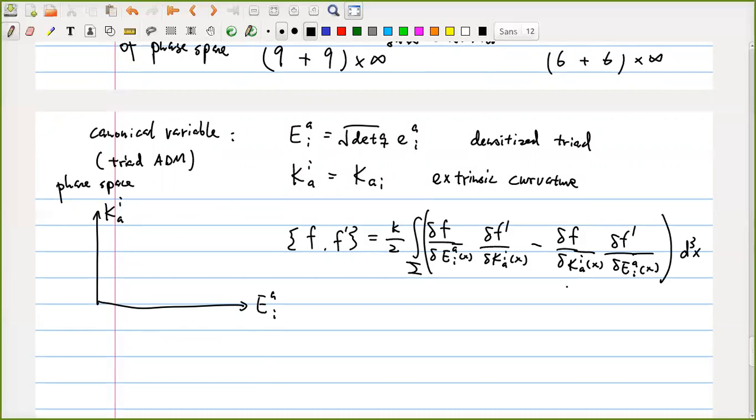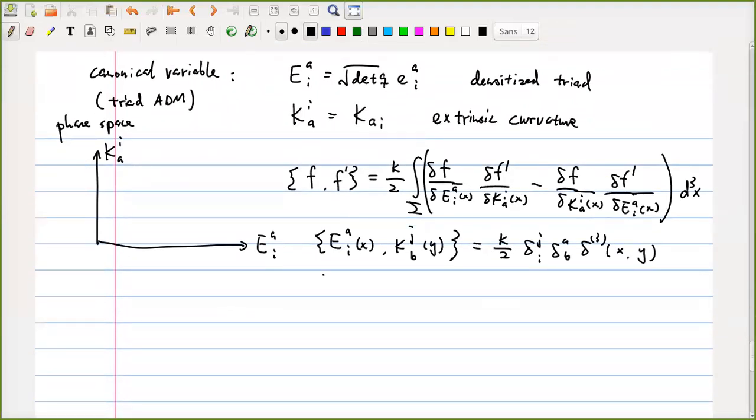By plugging K and E into this Poisson bracket, you can easily see that {E^a_i(x), K^j_b(y)} equals kappa divided by 2 times delta^j_i delta^a_b times the three-dimensional delta function.